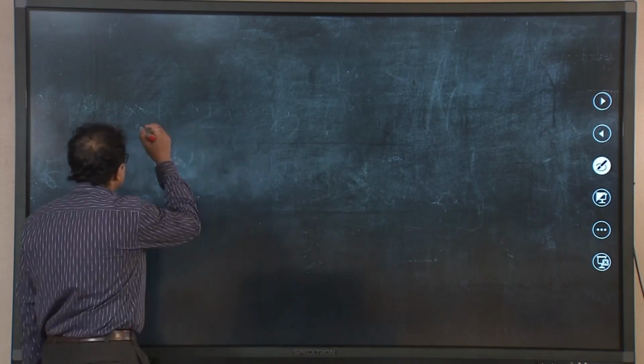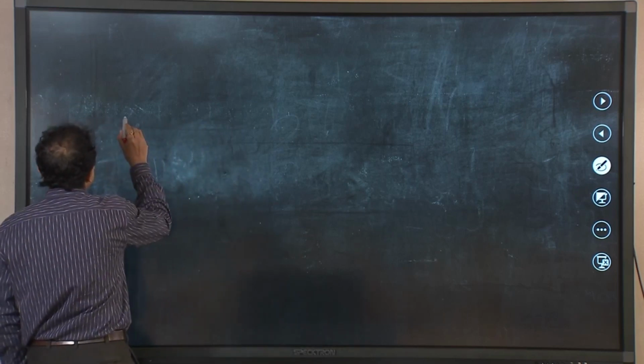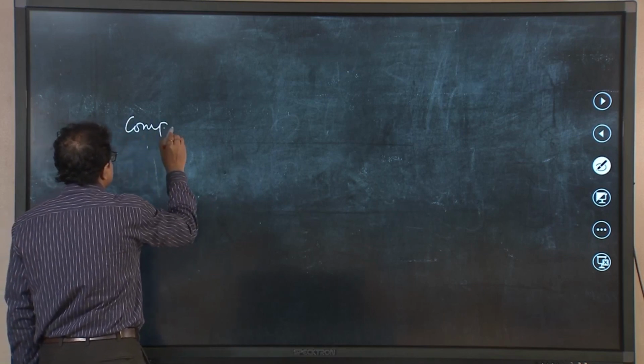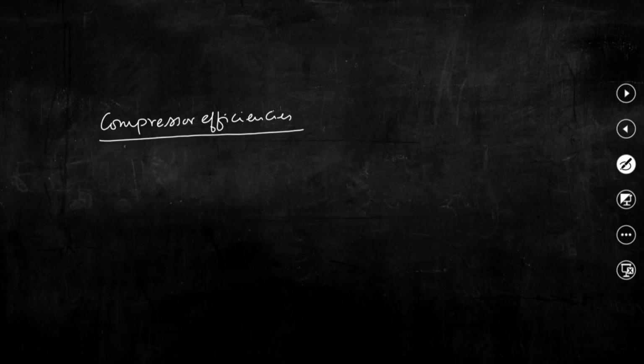Now, today we shall discuss compression efficiency, one is compressor efficiencies. So, the first one is adiabatic efficiency.